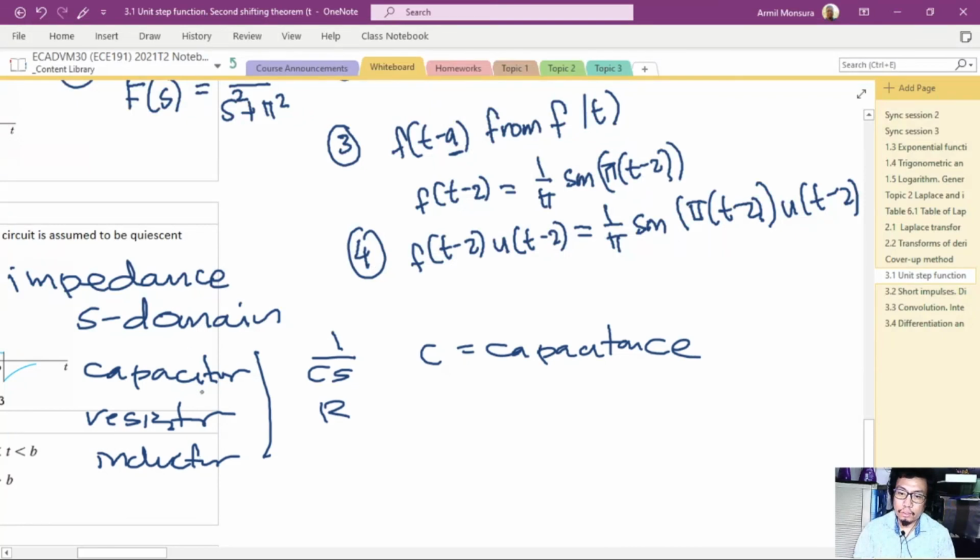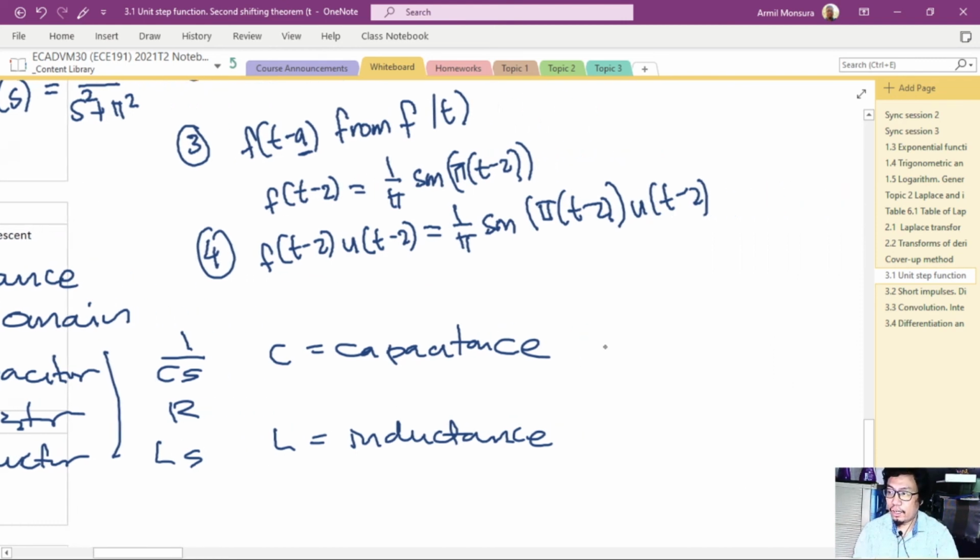Inductor, its impedance in the S domain is written as LS. S is the S domain variable. L is what we call the inductance, and inductance measures the ability of your inductor to store energy in a magnetic field.